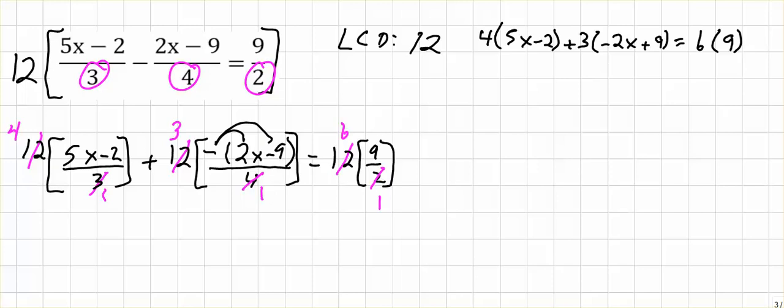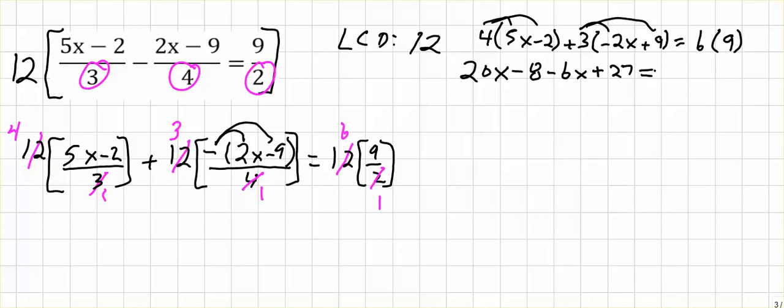We're going to do distributive. We'll distribute the 4, so we get 20x minus 8. Distribute the 3. Again, make sure that when you're distributing, you do it to the first and second term. So that'll give us minus 6x plus 27.